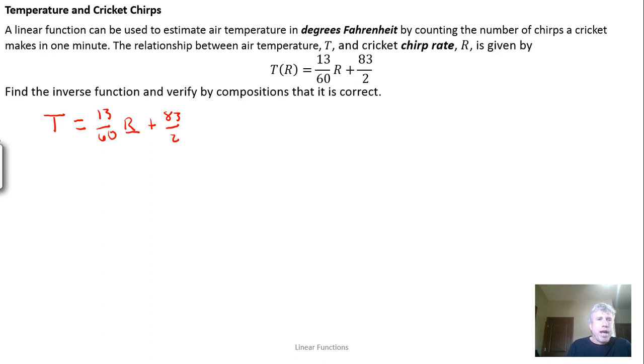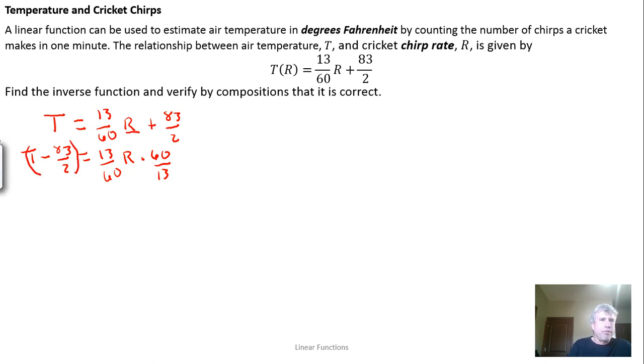So we're going to subtract the 83 halves from both sides, which will leave us with 13/60 of an r on the right hand side. We then want to multiply both sides by 60 over 13, which is the reciprocal of the coefficient in front of the r.